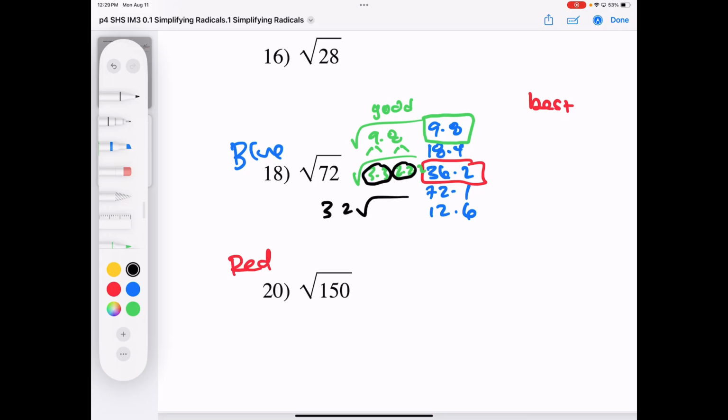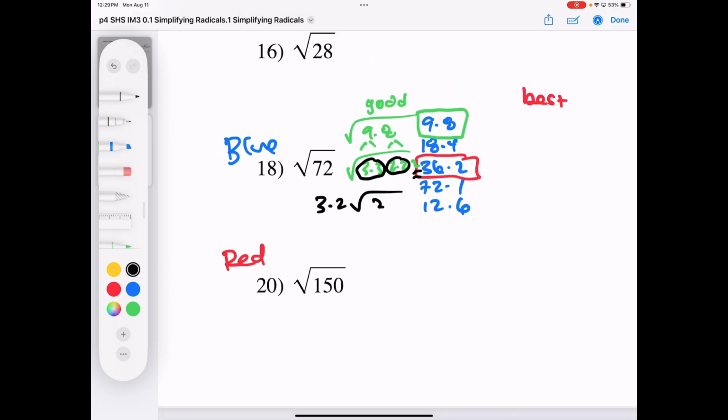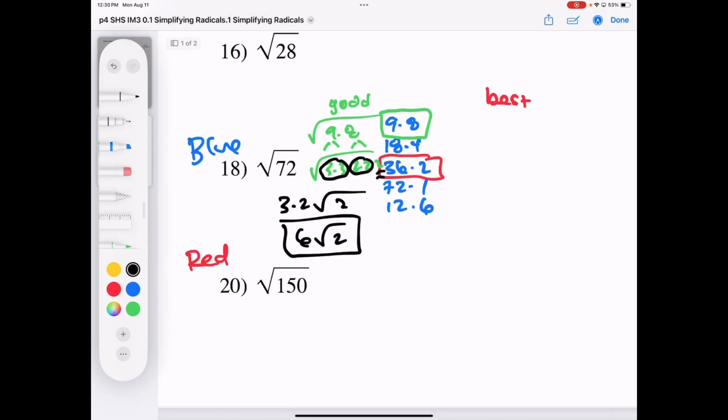What's left inside? Okay, it's not 32 on the outside, it's by multiplication. So 3 times 2 is what? 6 radical 2 is your answer. Raise your hand if you got that. Now, that one took me more steps, right? Sometimes math is not always about what's fastest, but more efficient.